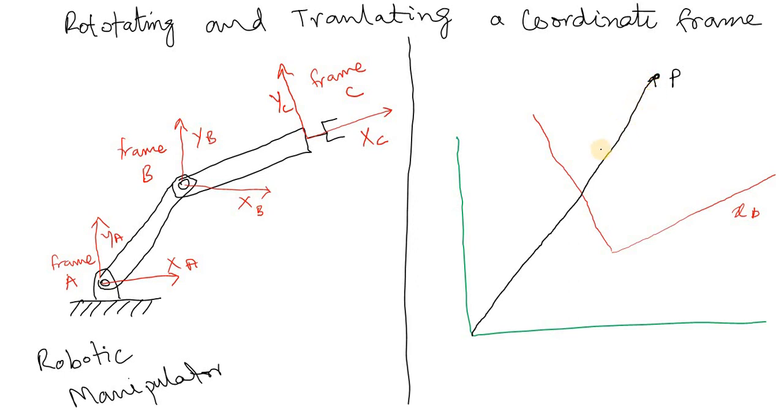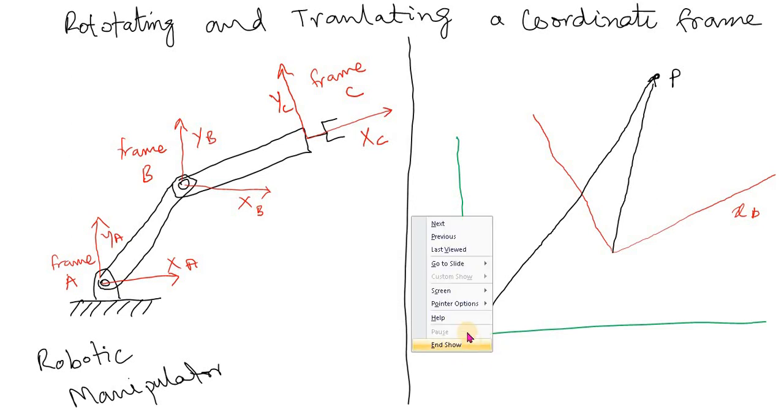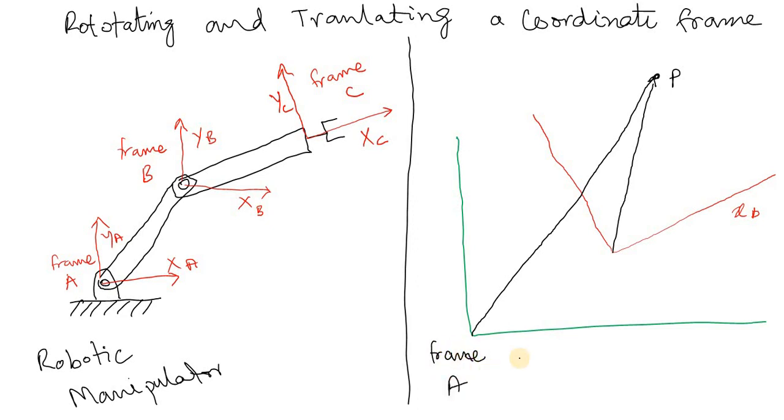So this is a vector in your frame A, and this is a vector in your frame B. This is the origin of frame A, and this is frame B here.